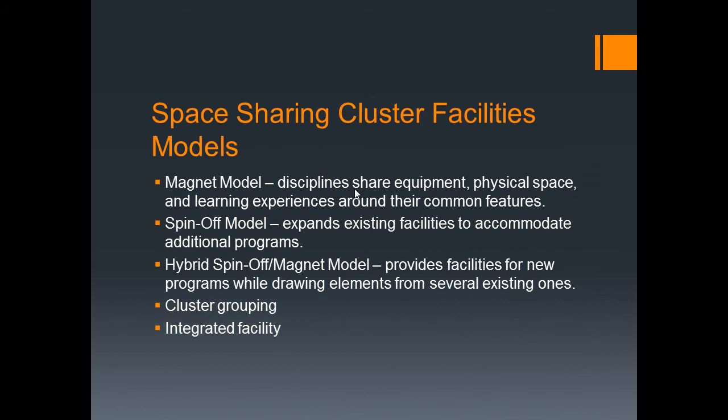The spin-off model expands existing facilities to accommodate additional programs. When we can do that, it's wonderful. When we can float bonds out there to pay millions of dollars to build buildings and add on to existing facilities, that's a wonderful thing.